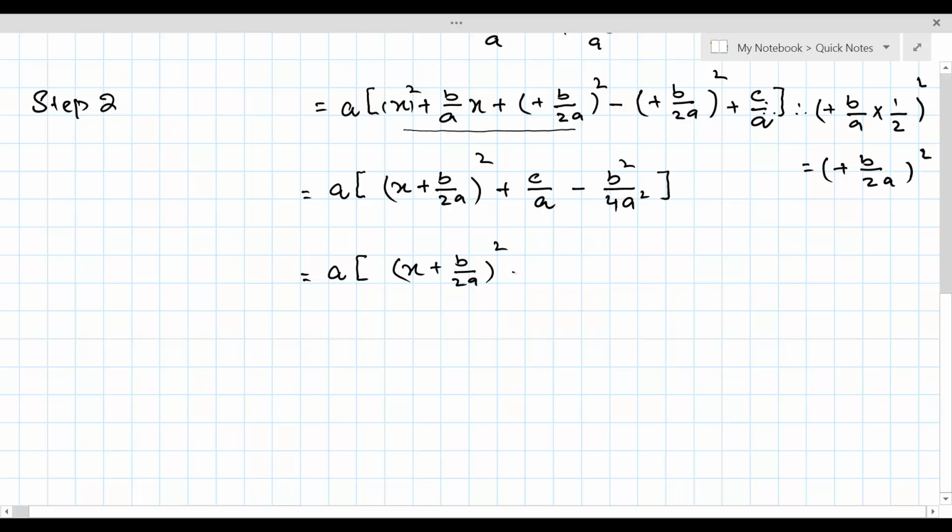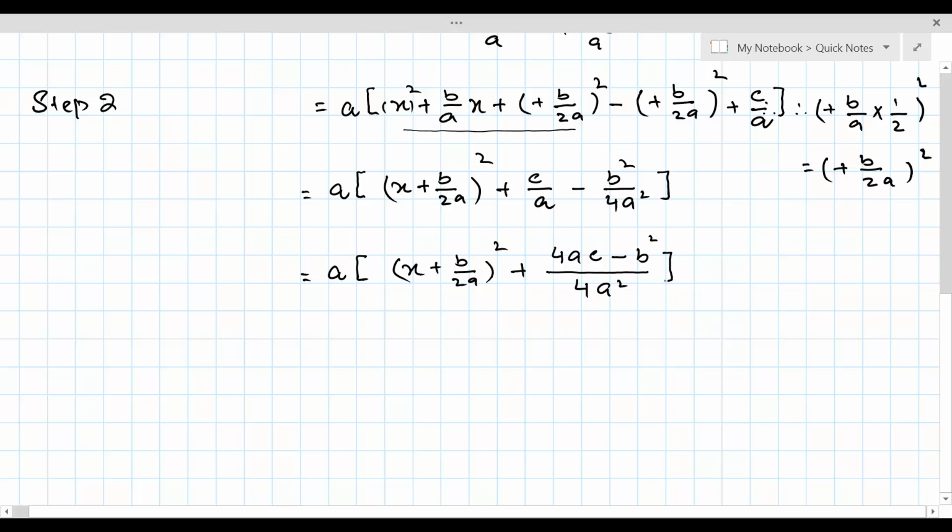square, and now we are going to take LCM for both of these. LCM is 4a square. A will get cancelled and 4a will multiply with c, so that will become 4ac minus b square.